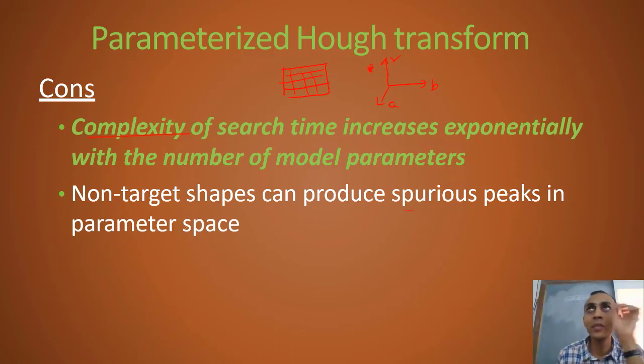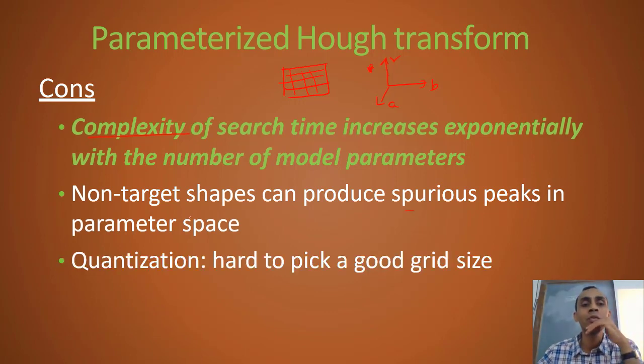So finding a distinct peak was a bit difficult, in the sense that we had to adjust the parameters. For example, we had to adjust the bin size. If we go for too fine a bin, there was a problem. If we make our bins too coarse, it was also a problem. So we had to adjust the grid size in order to find good peaks.